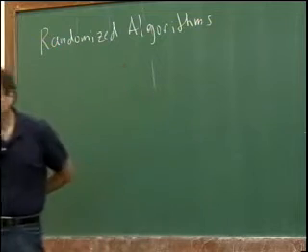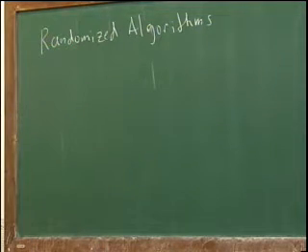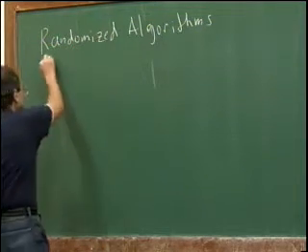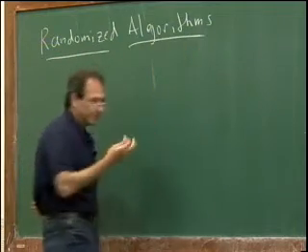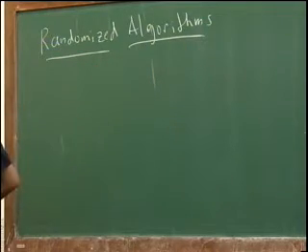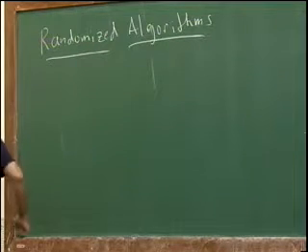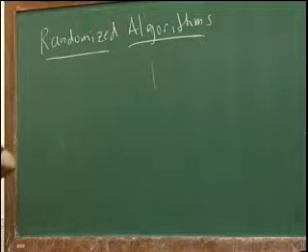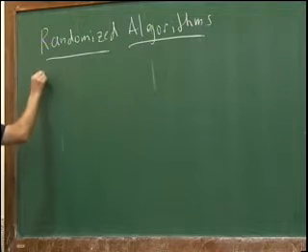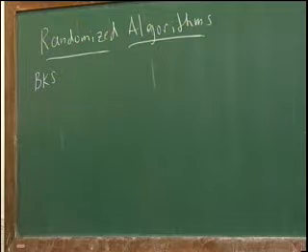So there are things called randomized algorithms in theoretical computer science. And the entire lecture today will be connected to these types of objects. Let me mention that they actually first appeared in the original BKS paper, Benjamini, Kalai, Schramm.